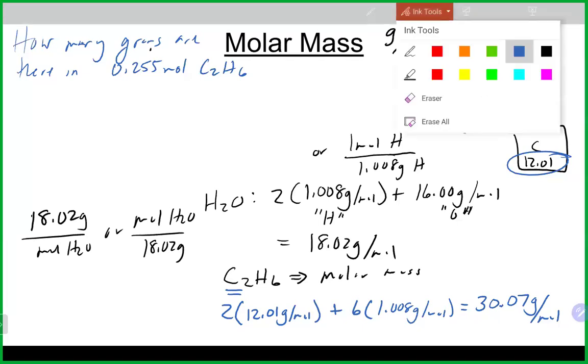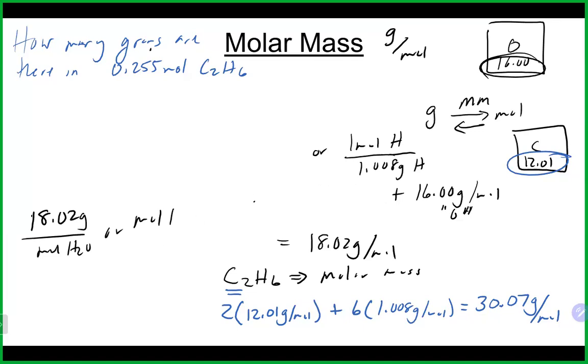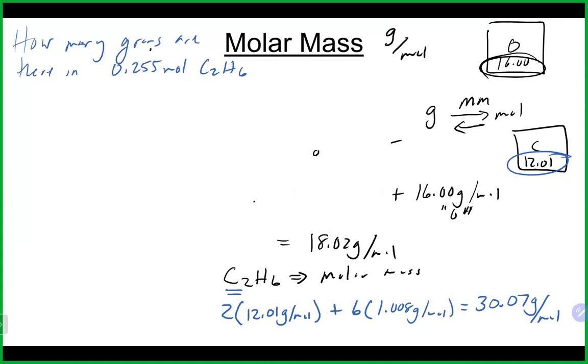First off, when I look at that problem, I want to think about a couple of things. The first thing I want to think about is, do I use Avogadro's number here? No, because there again is no mention of molecules, no mention of atoms or anything like that. So we don't need Avogadro's number.